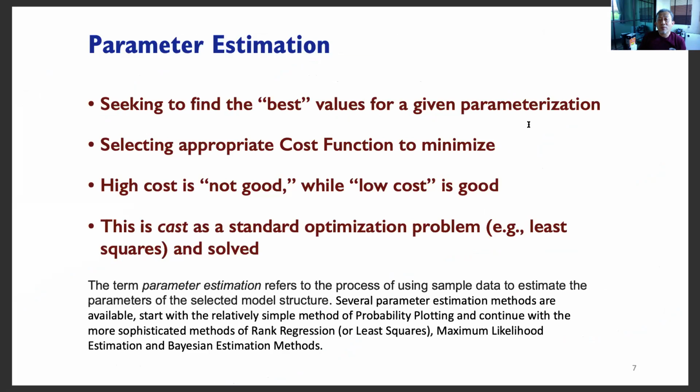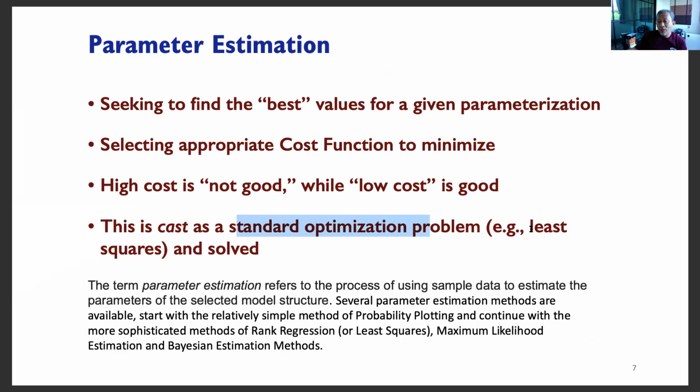We have to select an appropriate cost function to minimize, where a high cost is not good while a low cost is good, and this applies standard optimization to estimate the coefficients.